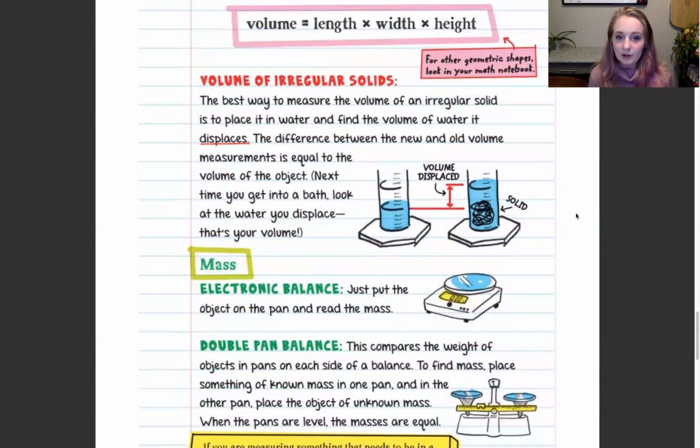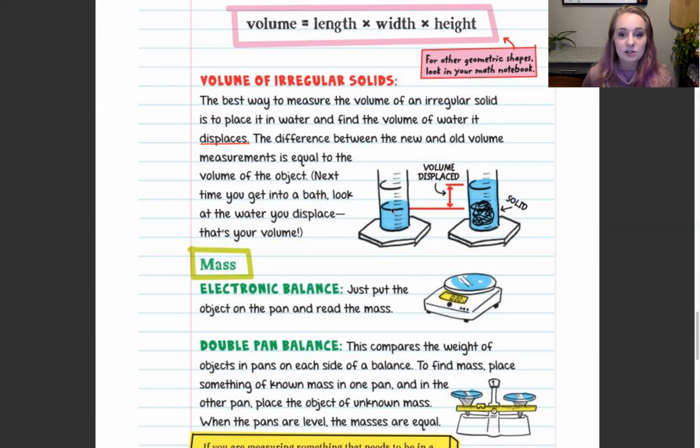In order to measure the volume of an irregular solid, you can use water displacement. So the difference between new and old volume measurements is equal to the volume of an object. So here in the picture, let's pretend these ticks are milliliters.